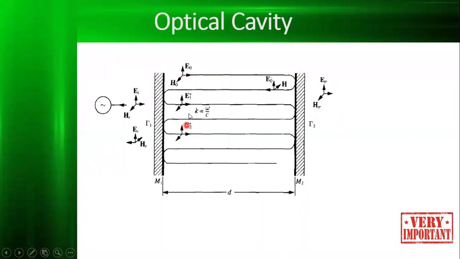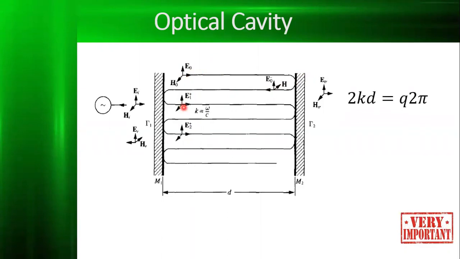We define the electromagnetic field just inside the optical cavity by the term E naught, and then we wrote equations to describe the electromagnetic field at different points: just after the reflection from the first mirror or the second mirror, and then after one round trip, and so on.